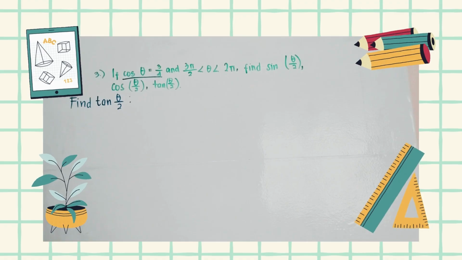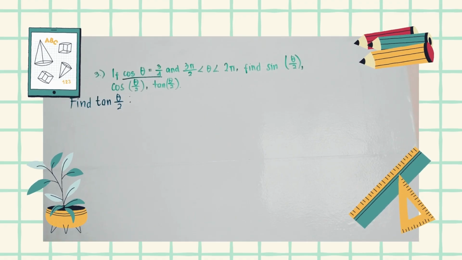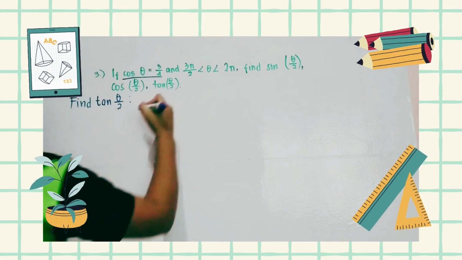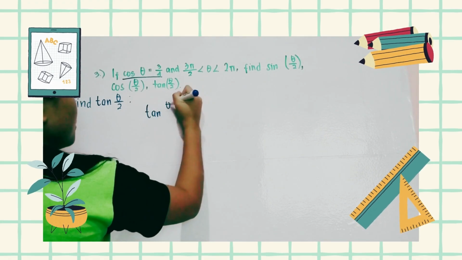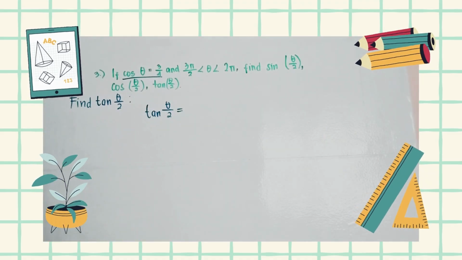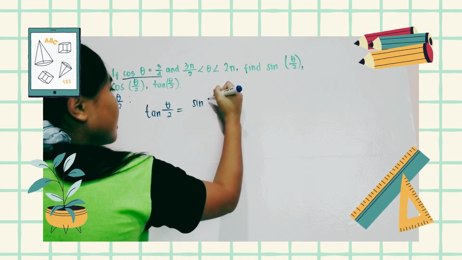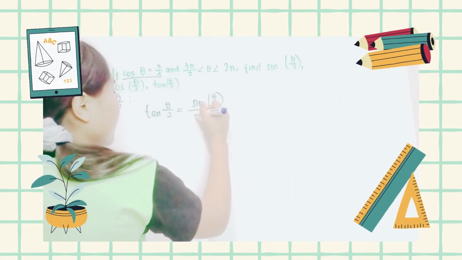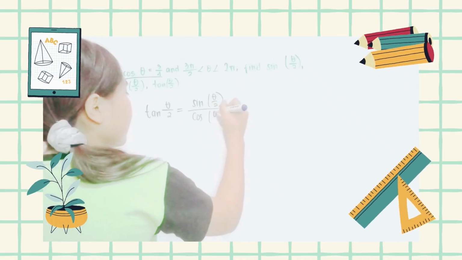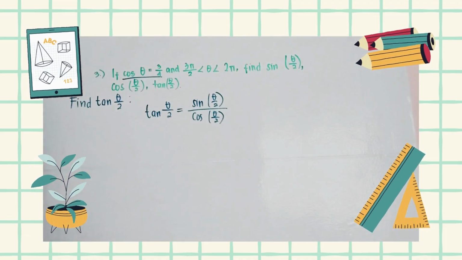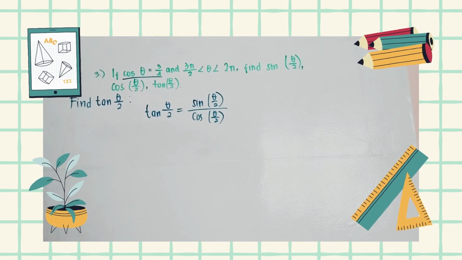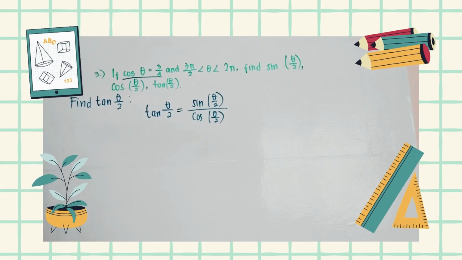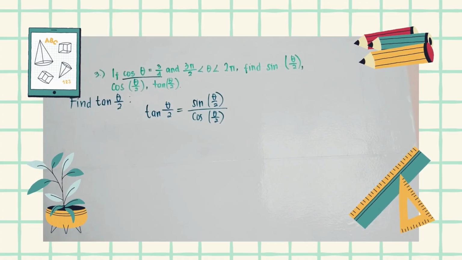Now, let us find tangent theta over 2. First, let us use the quotient identity, in which tangent theta over 2 is equal to sine theta over 2 over cosine theta over 2. We have already found the value of sine theta over 2, which is square root of 2 over 4, and cosine theta over 2, which is negative square root of 14 over 4.